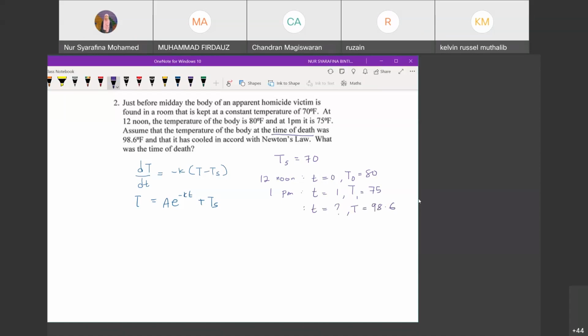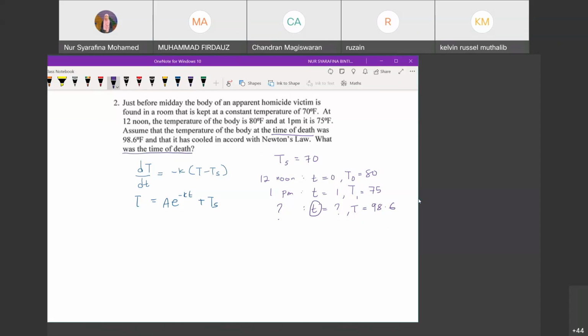The time of death is unknown. So now we want to find what was the time of death, so which hour that this body has died. Okay, understand the problem? So this is how you gain all of the information. Understand one by one, followed by which type of differential equation, find the solution, and then you can substitute one by one all of the information.